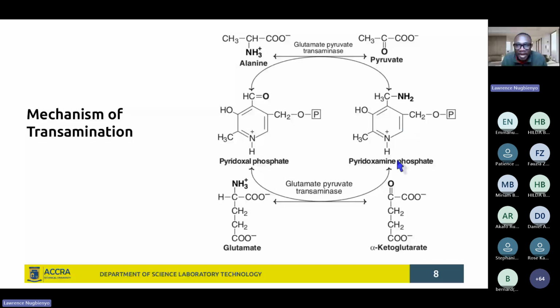And once that amine group is transferred, you see there is the C double bond O from that pyridoxal phosphate onto pyruvate. In place of that amine group in alanine, you now have pyruvate. And you have seen pyruvate, like pyruvate will go into the tricarboxylic acid cycle.